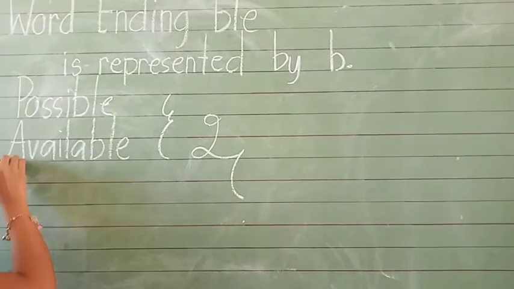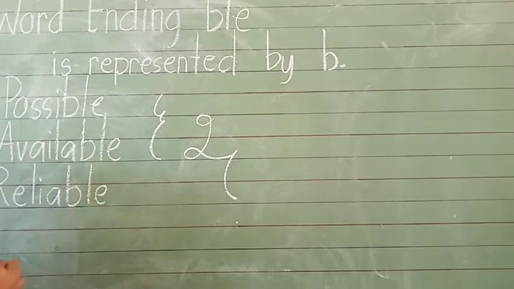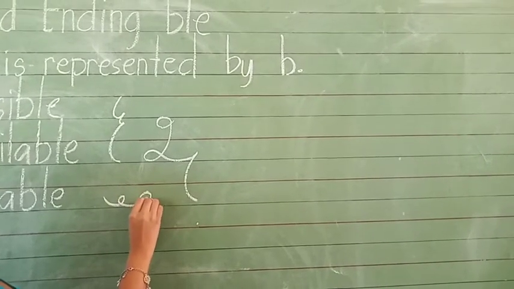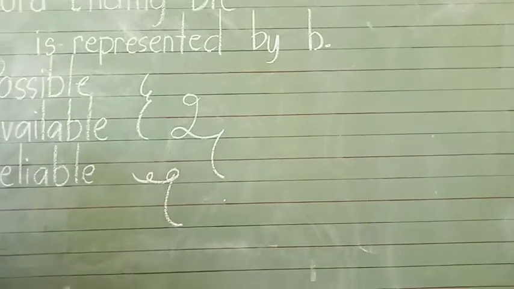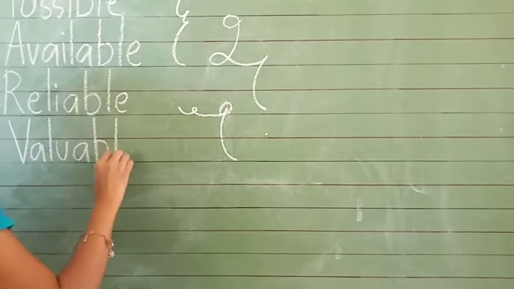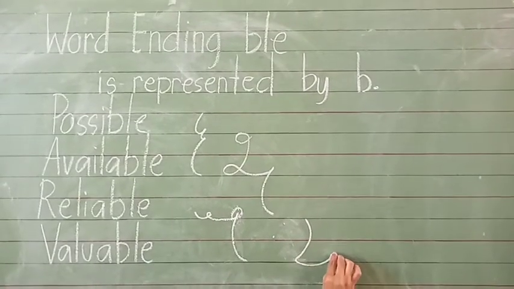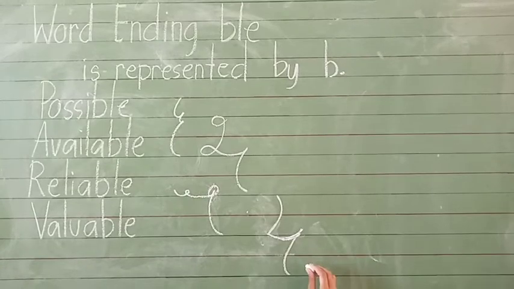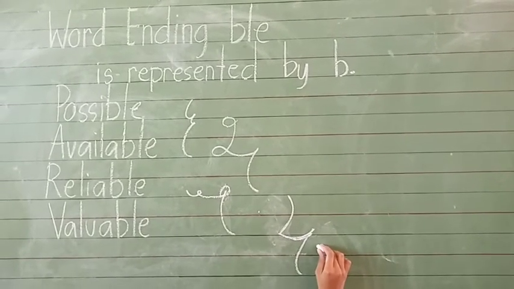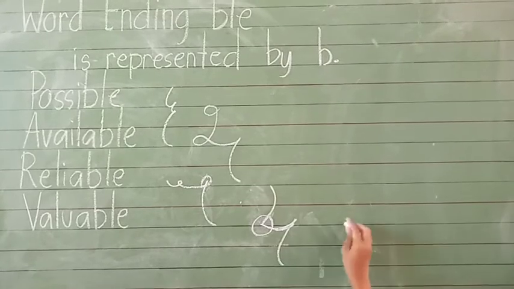Next, reliable is represented by R, E, L, broken I, and B. Next, valuable is represented by V, L, B. This stroke is not correct because valuable is written by V and L without an angle, like this.